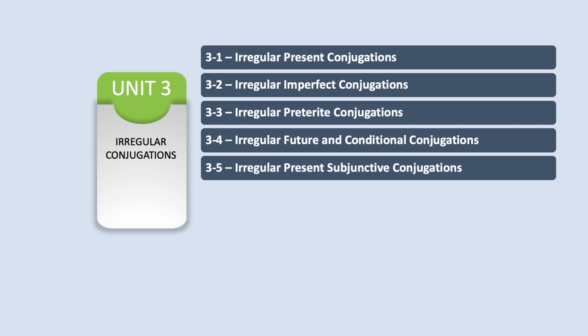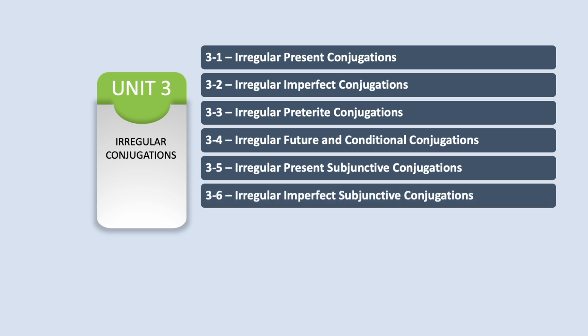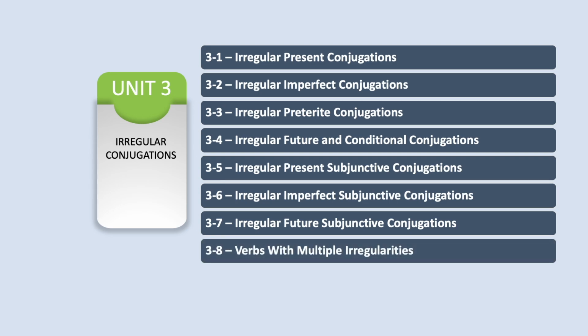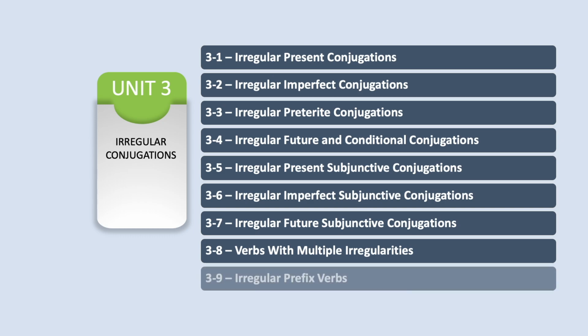We have irregular verbs under the present subjunctive, imperfect subjunctive, and future subjunctive. Certain verbs have multiple irregularities, so this lesson will specifically address those types of verbs. And then we have irregular prefix verbs, which simply attach a prefix at the beginning of another irregular verb, and then follow the same pattern of conjugations as usual.